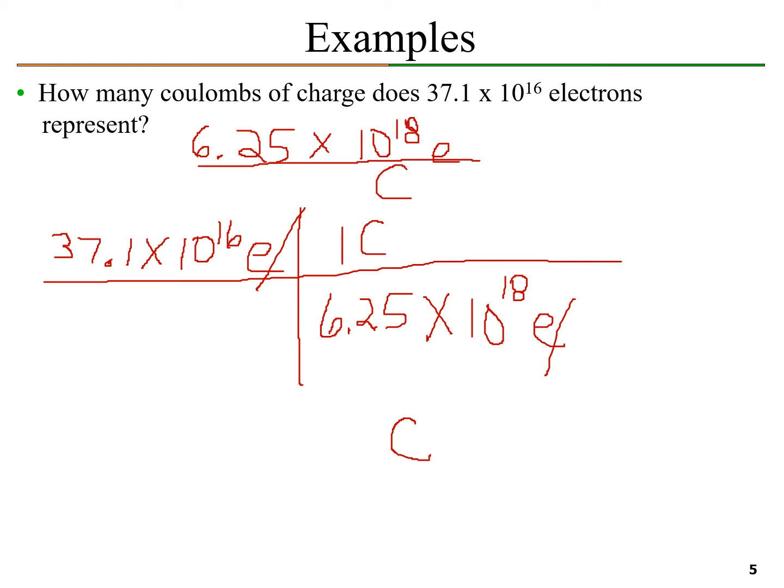Now we just take care of the number part of the problem. 37.1 times 10 to the power 16 divided by 6.25 times 10 to the power 18 gives us 0.054 coulombs. So 0.054 coulombs is the amount of charge associated with 37.1 times 10 to the power 16 electrons.